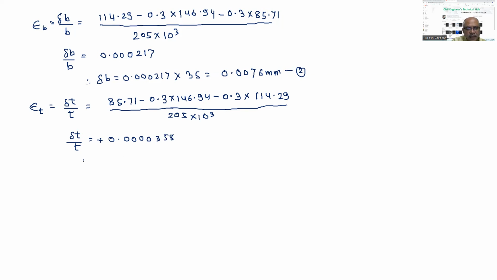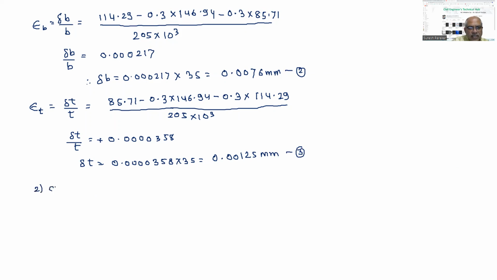And from this we will get delta T, which is equal to 0.000358 into 35, and we will get delta T value equal to 0.00125 millimeters. So these are the three dimensions which are increased.